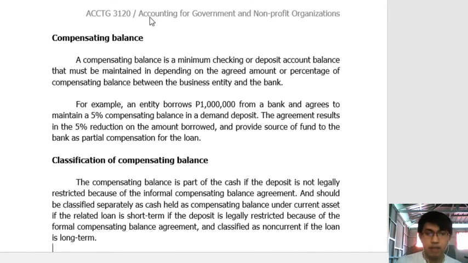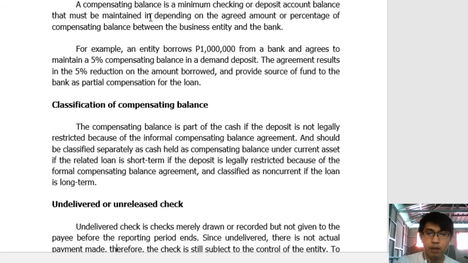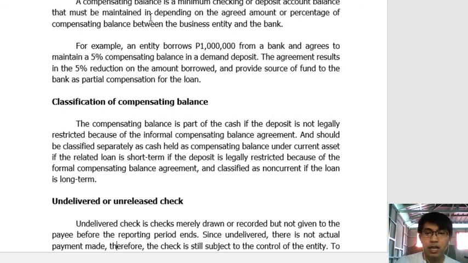So let's now classify the compensating balance. Compensating balance is part of the cash if the deposit is not legally restricted because of the informal compensating balance agreement. Okay, anong sinasabi dito? Normally, kapag yung mga bank accounts natin ay meron niyang mga maintaining balances. So, ang sinasabi dito ng standard ay if the compensating balance or the maintaining balance is not legally restricted, it can be considered or classified as cash.